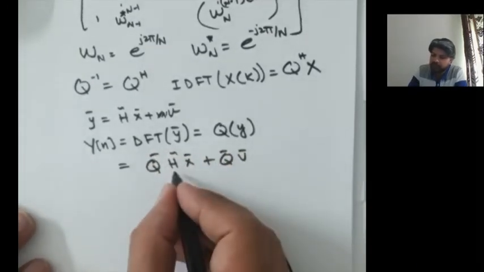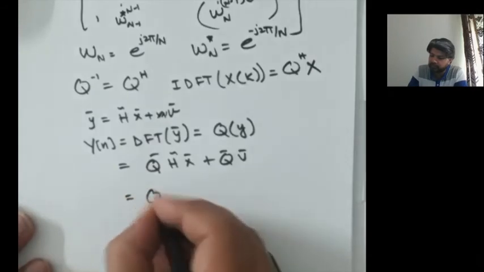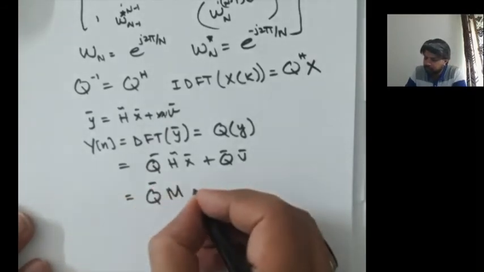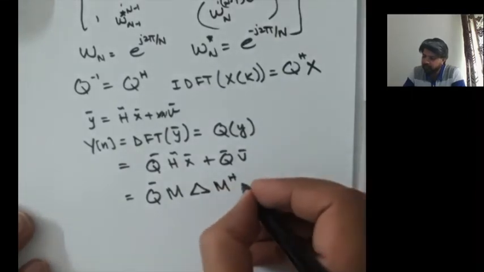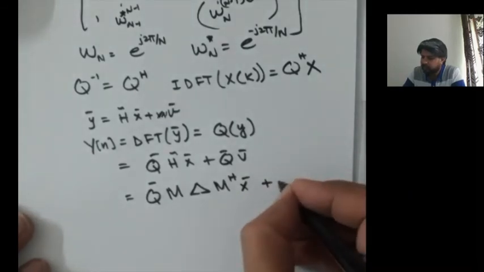And remember, this H matrix can be decomposed into M delta M Hermitian times X matrix plus Q times V, let me call it V tilde.